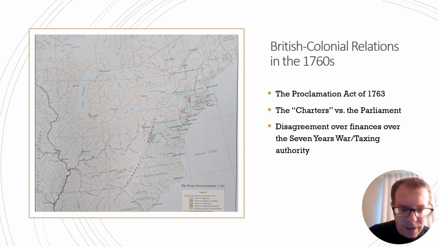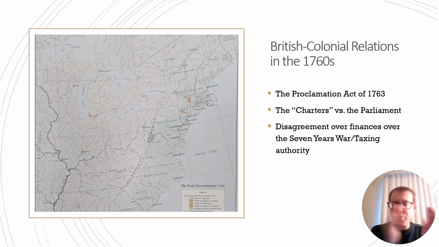And so they establish this line, and they say no American colonists are allowed to cross this line in around the modern day Appalachian Mountains.